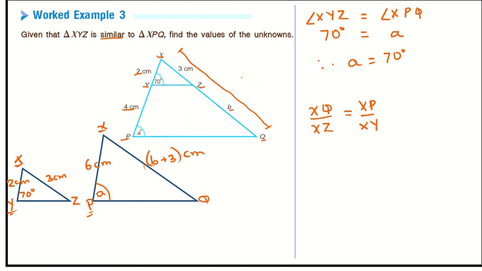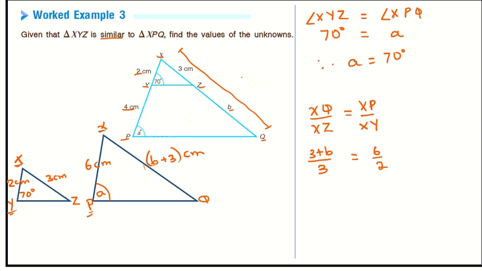So we know that XQ is 3 plus B, which is the same as B plus 3. And then XZ is 3. And it is equal to XP, which is 6, out of XY, which is 2.